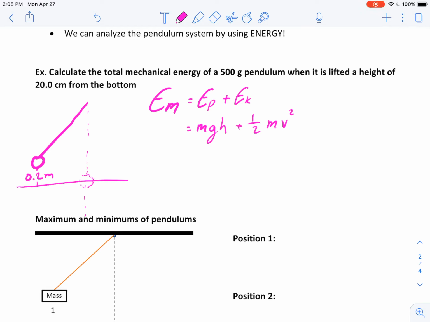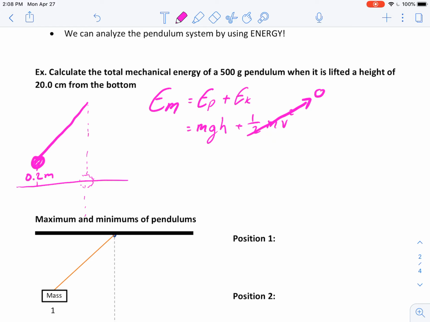You'll notice that at the top something happens. It changes direction, and for a split second at the top there's no movement. At the very top, when you're pulling it back before you let go, it's not moving. It only has potential energy. So there's no movement at the beginning. When it's lifted and is about to be dropped, it has no kinetic energy.